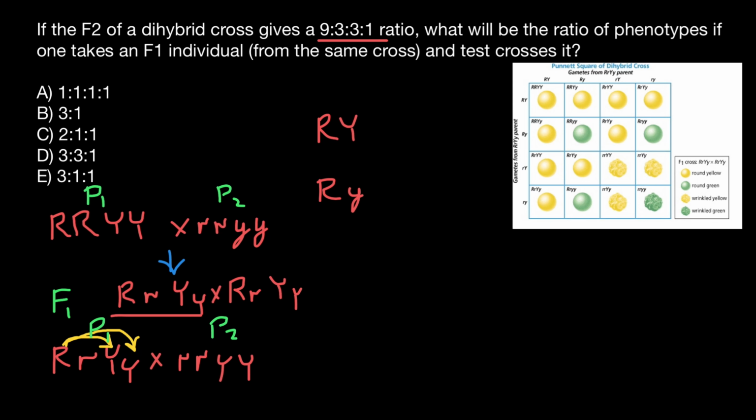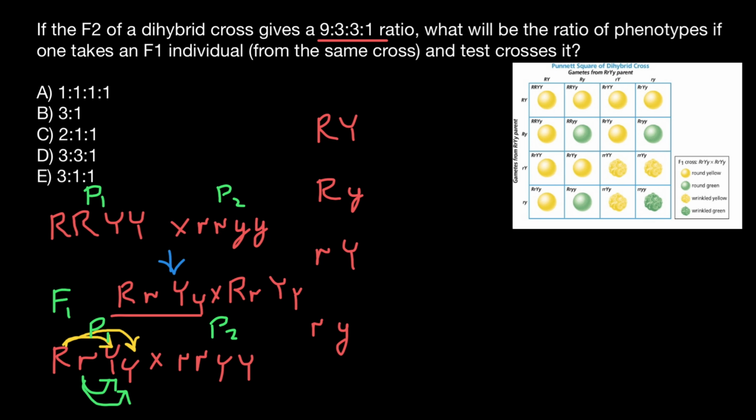Another variant would be small r and capital Y. And the last variant would be small r and small y. And parent 2 can only produce one variant of gamete, small r, small y.